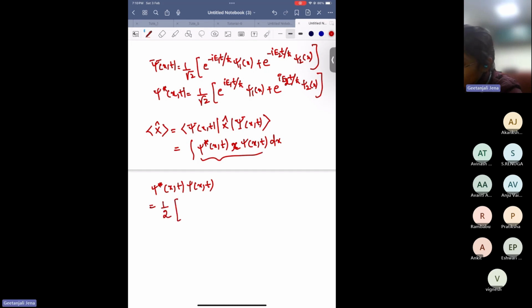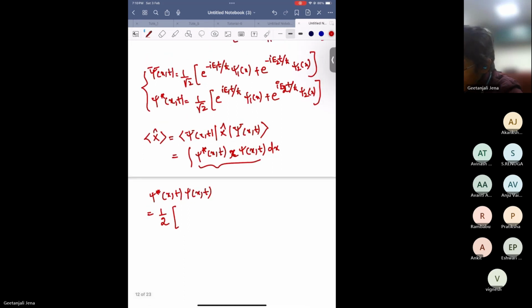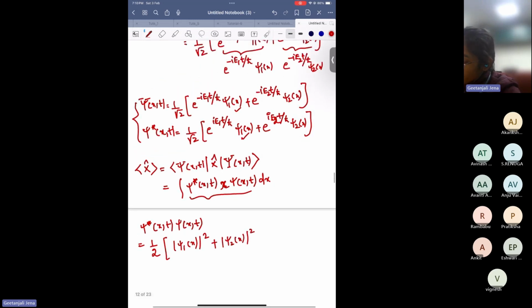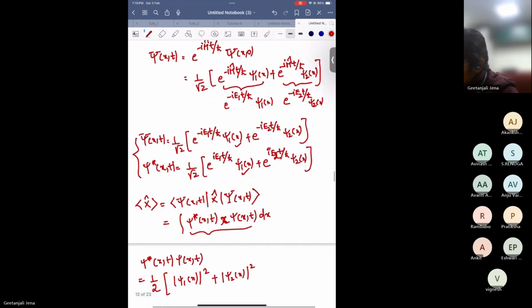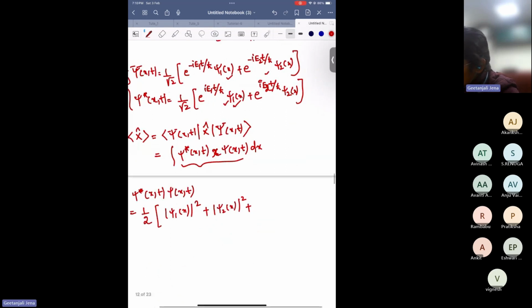This is 1 by 2, you have to take this 2. This will give psi1 square, multiply this with this, then the other term will give psi2(x) square. Then there will be a cross term here, like when you multiply this with this, similar to the previous one.